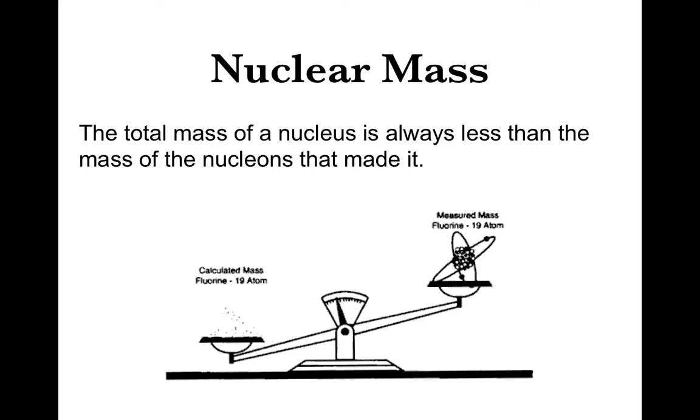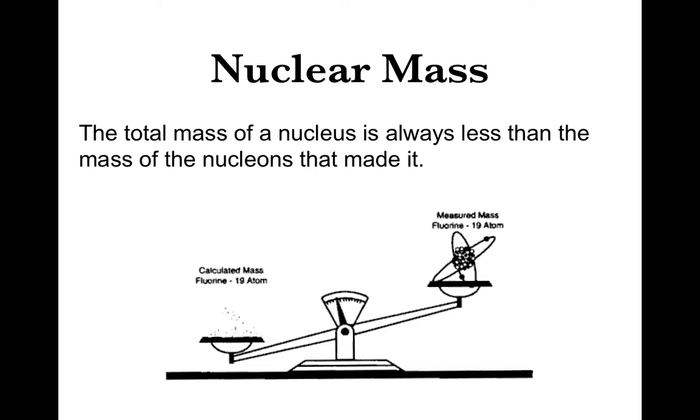So let's look at nuclear mass. The total mass of a nucleus is always less than the mass of the nucleons that made it. Read that again: the total mass of a nucleus is always less than the mass of the individual nucleons that made it.